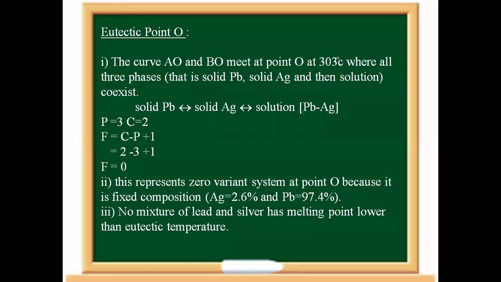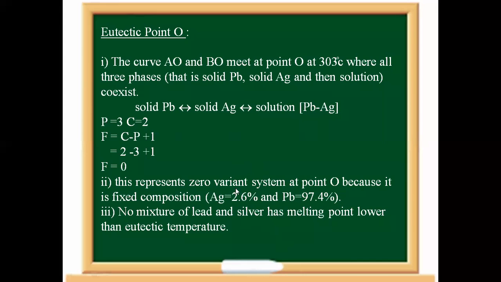This degree of freedom 0 represents that the system is zero variant, or nonvariant, at point O. What does this mean? It means that when F is equal to 0 at point O, the composition of lead and silver which is in equilibrium is fixed, where silver is 2.6% and lead is 97.4%.